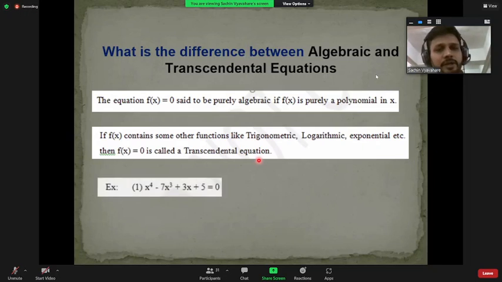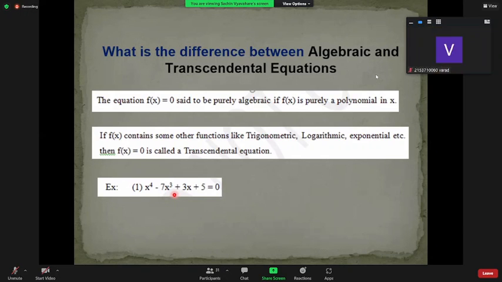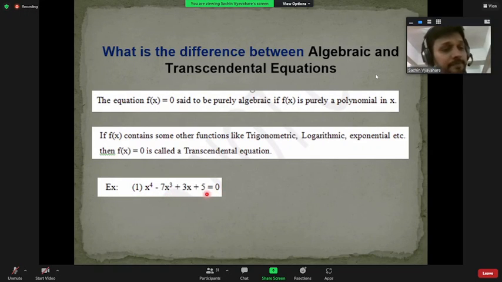Now here is this equation. Can you tell me whether it is algebraic or transcendental? You will observe only the terms of x raised to n appear there, so it is an algebraic equation.